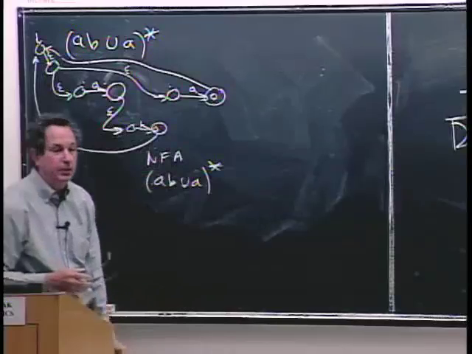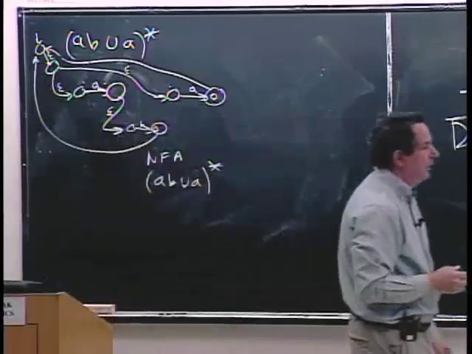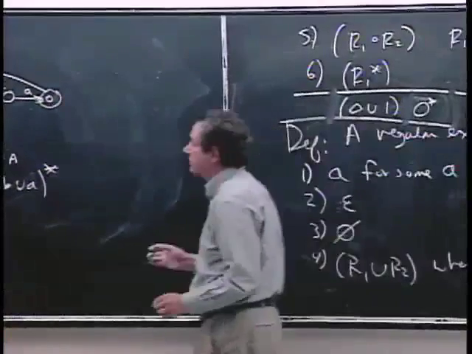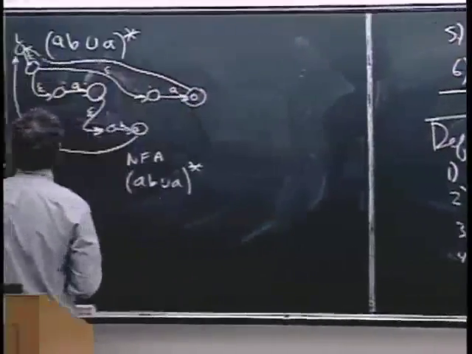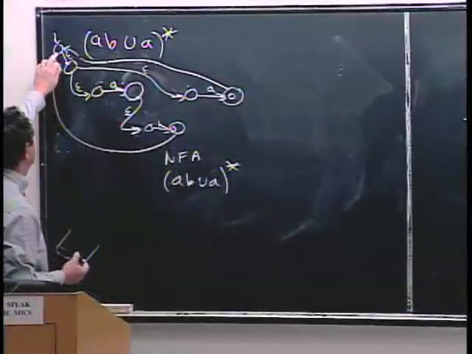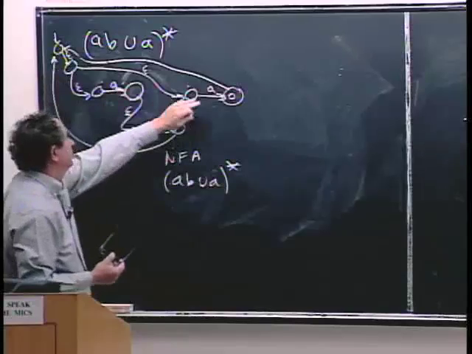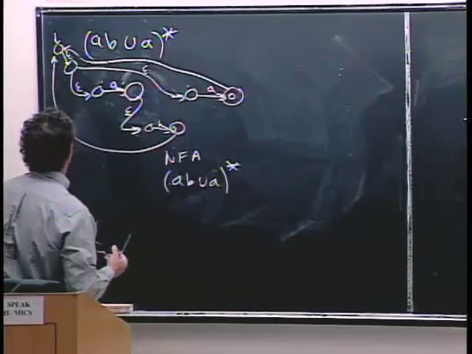Okay? So the question is, why didn't the rules give us that? Let's first of all be completely sure that this doesn't seem to work. So epsilon, epsilon followed by A, no, we're in trouble there.